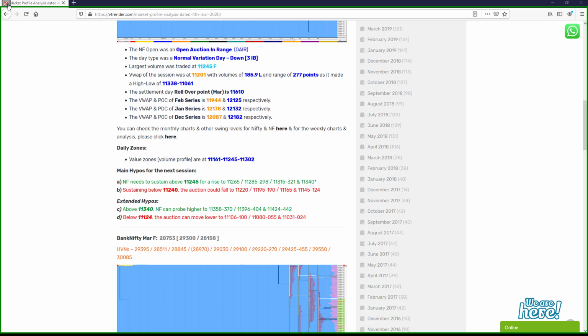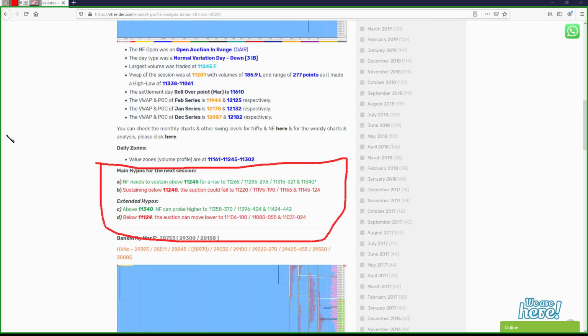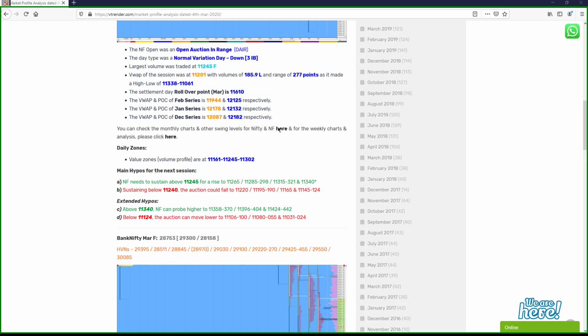It helps you to prepare a plan for the next day, but these hypos are to be traded with the information of the order flow chart, and you need to be ready to execute them based on what the order flow is telling you. So if the chart tells you that it's a big plus and the hypo is telling you it is a positive move up ahead, then close your eyes and take that trade.